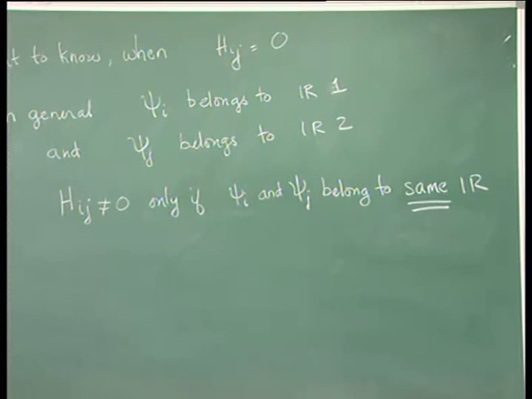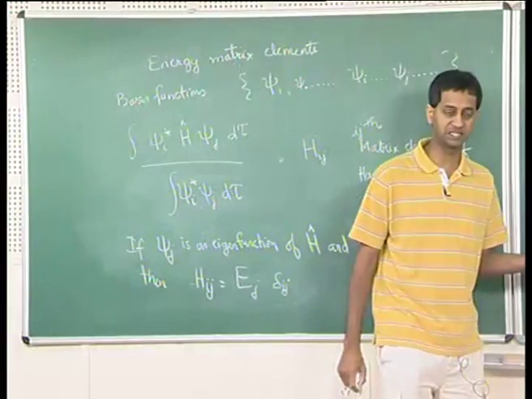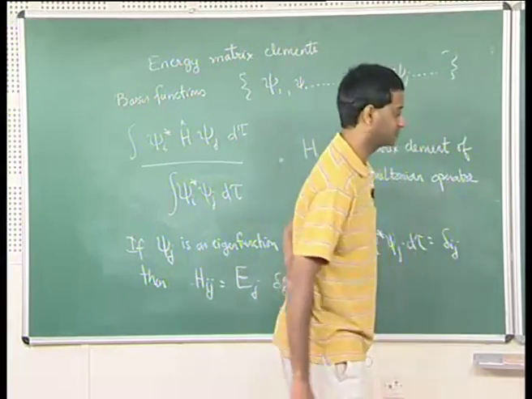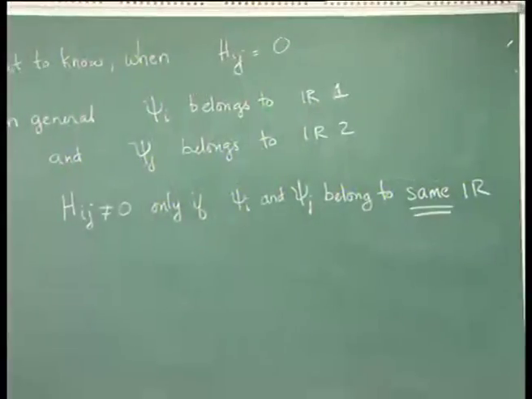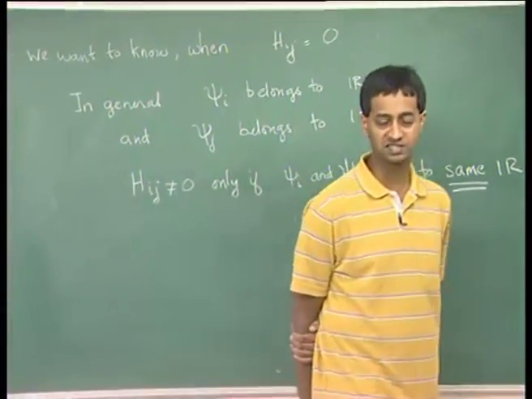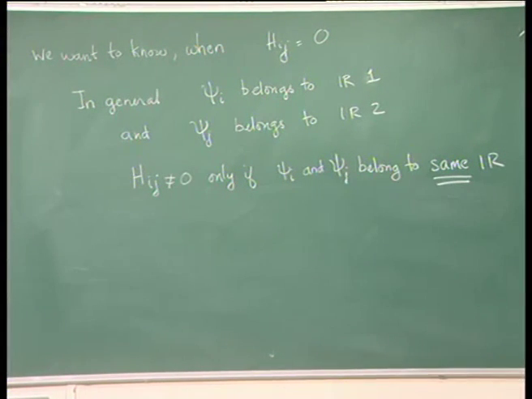So that means if these two are basis functions of the same irreducible representation, only in that case will this integral be non-zero. This is an extremely powerful theorem and very useful result, and we will look at some applications of this.